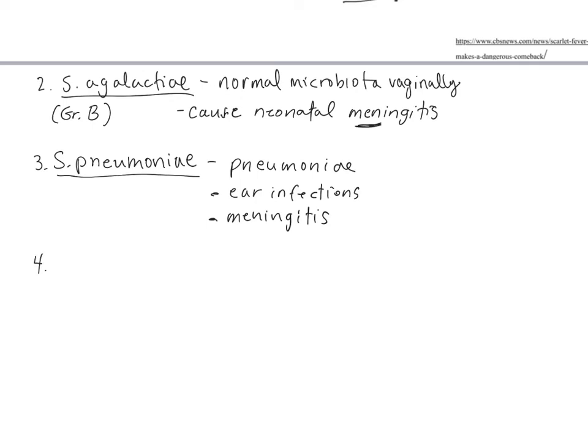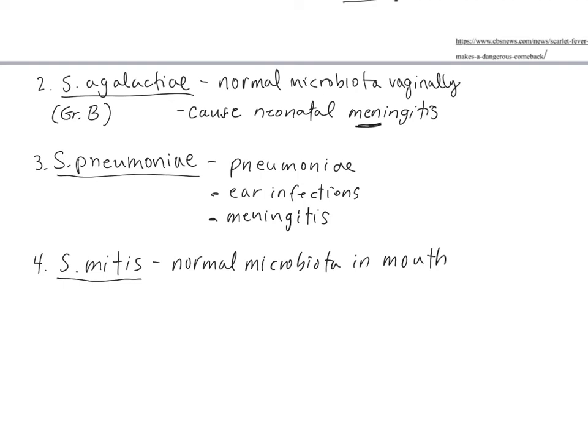Okay, Strep mitis. This one is not as much of a problem clinically. It's part of our normal microbiota in the mouth. So it's one of those organisms that contributes to our tooth decay, to dental caries.